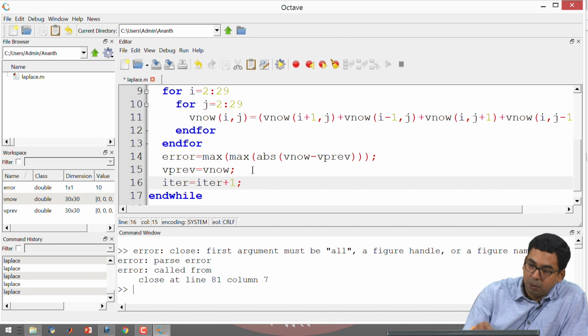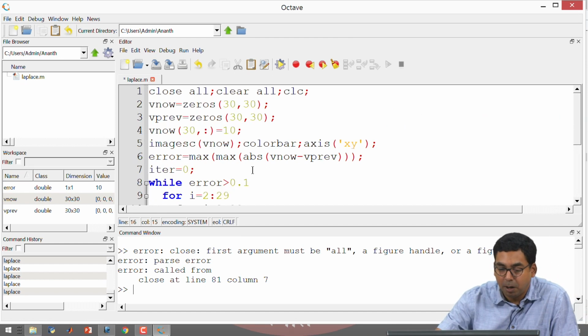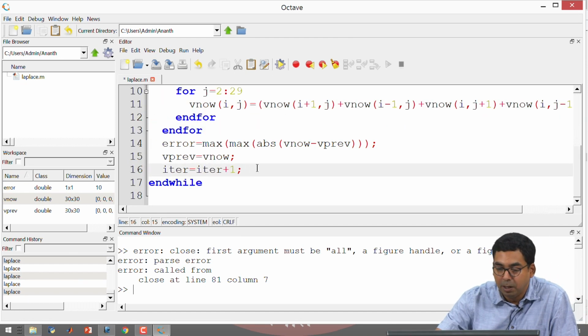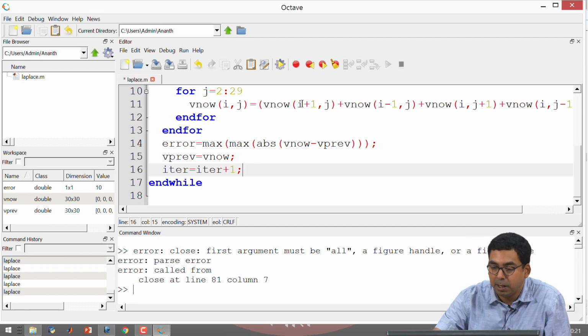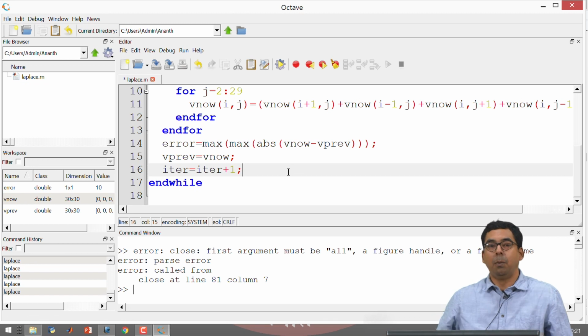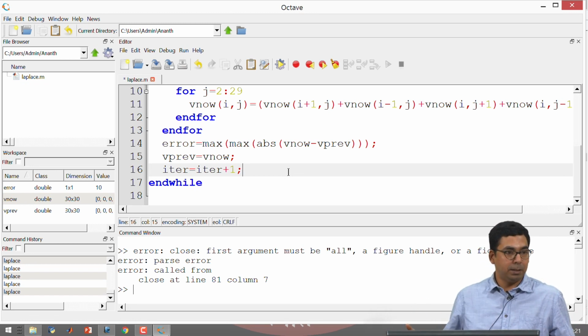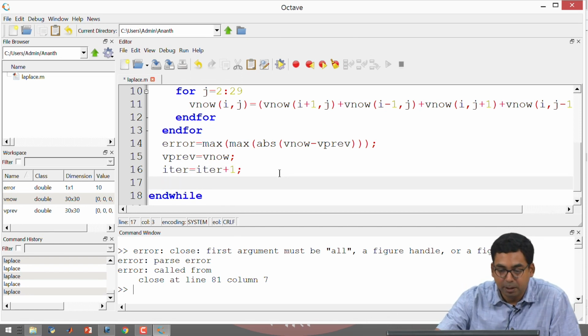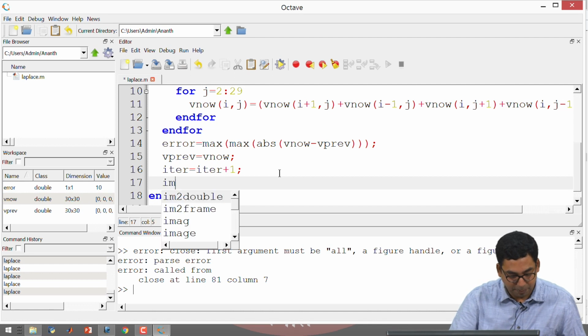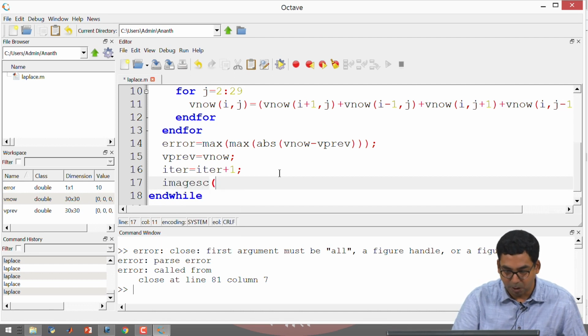Okay. Now, when you go from top to bottom within one while loop, within one iteration, you would have calculated the value of the voltages at all the points, and I want the system to display what has been calculated in every iteration. Okay. So, I am going to have a command over here which will allow me to do that, right. So, I am going to have imagesc of V now.